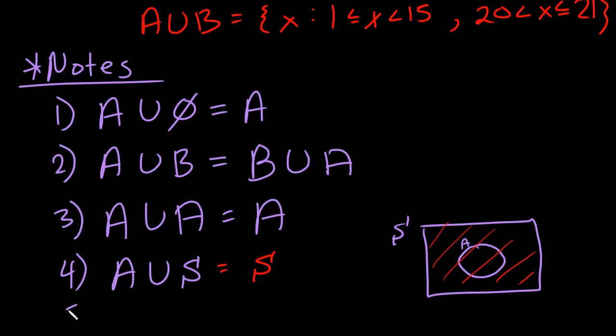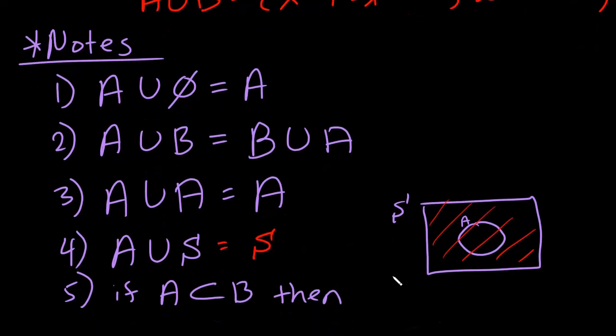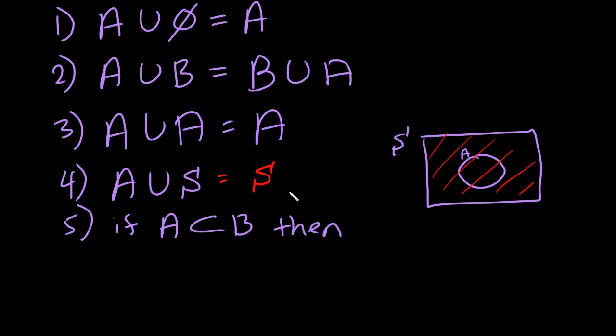And then lastly, if A is a subset of B, then, let me scroll down. If A is a subset of B, then A union B equals, and actually before I write that, let's go ahead and figure it out.